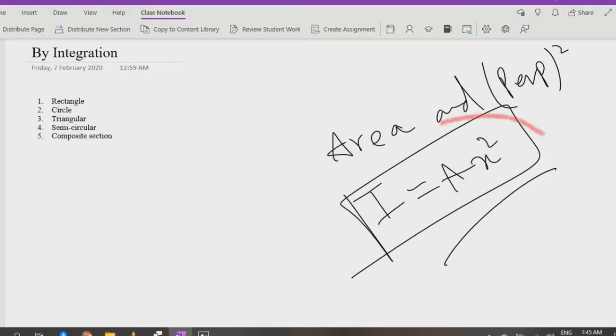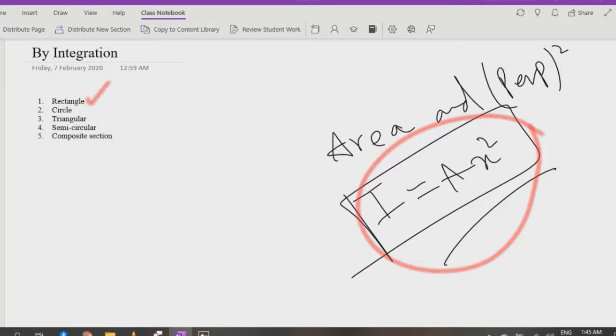We just need two things: area and x square. Now with the help of integration and other theorems, we will learn how to find the moment of inertia of a rectangle, circle, triangle, semicircle and composite sections. All of these are quite important.